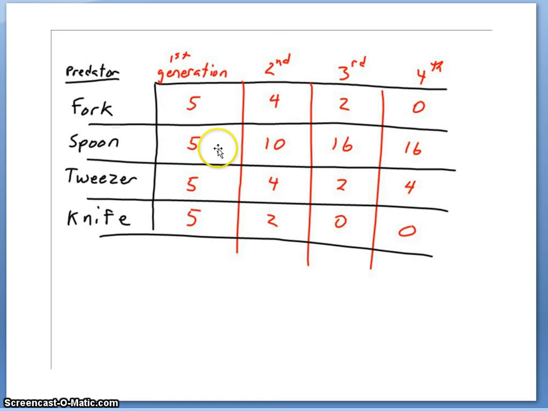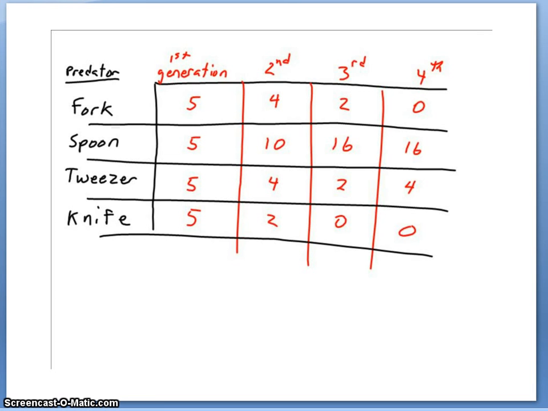In contrast, the number of individuals with the spoon increased over time. Clearly the most adaptive trait. Notice we don't get an overall increase in the number of predators because of various environmental factors like the lack of food and so on, competition with others. So over time, the predator population remains sort of stable, but the makeup of the predator population was changing.